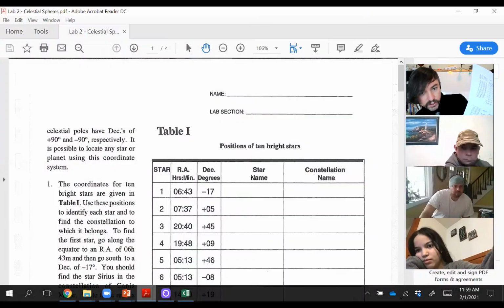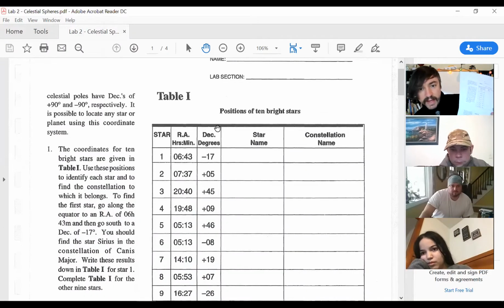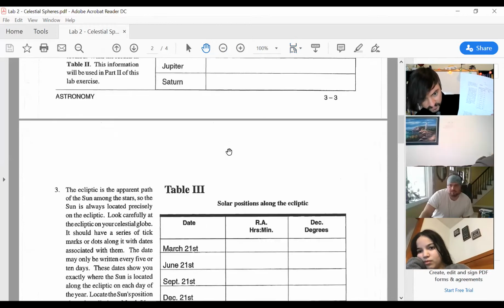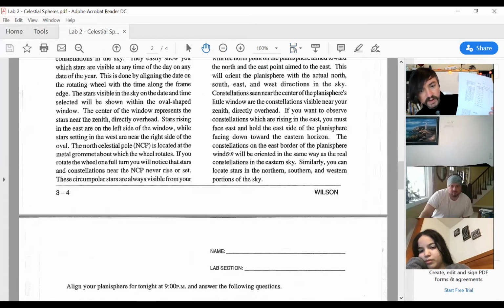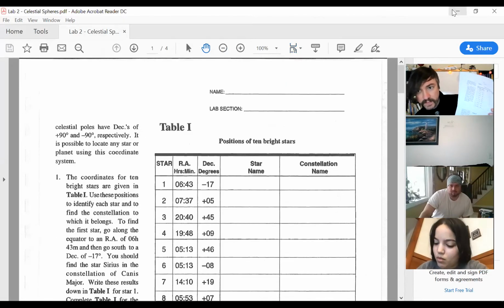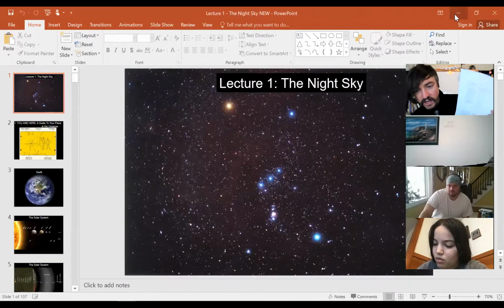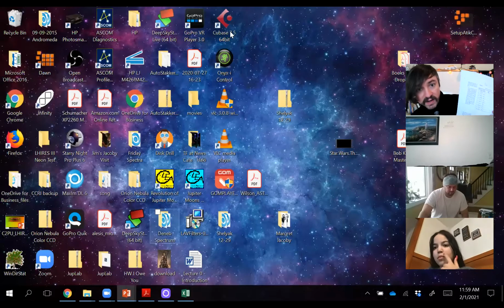So if I share screen very quickly with you to show you what's up, if you have a printer, you guys should open up Lab 2 and just print pages 1 and 2. So this page and this page, and that should be all we need. If not, you are going to have to copy these tables down onto a book so that I can see the questions as well as the answers.